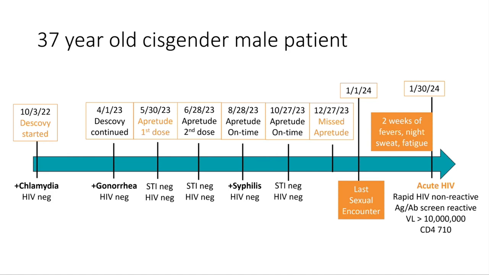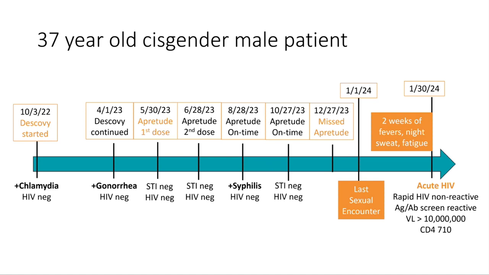So he had been started on oral PrEP back in October 2022. I include along the bottom some of his test results just to show he's had a series of bacterial STIs as well. He had excellent adherence to Descovy, and he remained on it in April when he came back for follow-up. He then had gonorrhea as well.